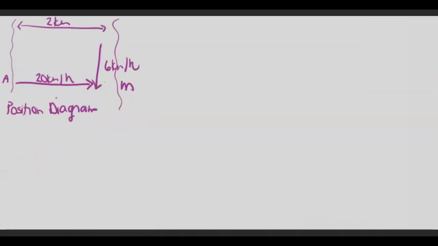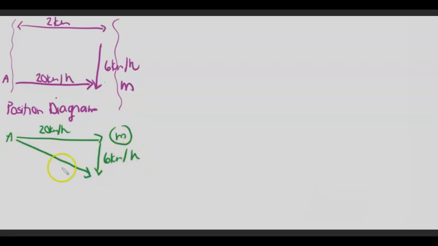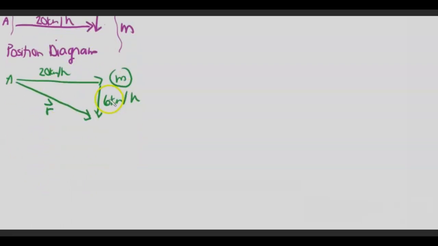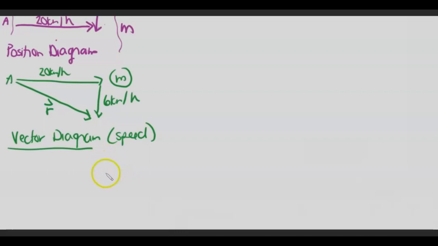Okay, so if we think about it, Anna's here, we're going 20 kilometers per hour. The marina's here, she's getting pushed downstream at 6 kilometers per hour. So this is actually where Anna is going, the resultant. This here is called the vector diagram. Okay, and just to note, everything in this diagram is considered in speed.